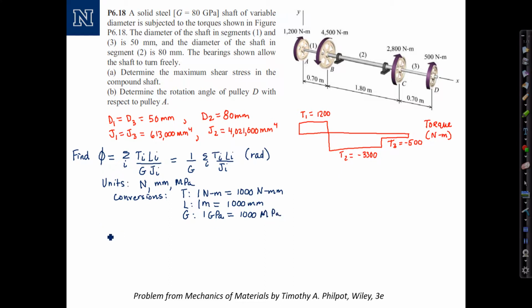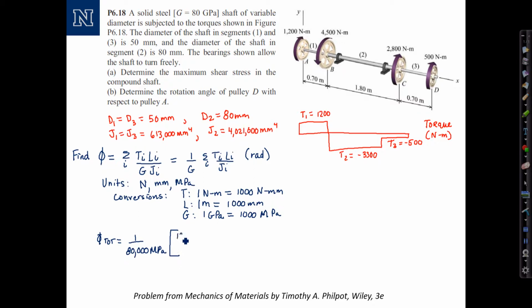Okay, so let's go ahead and plug in the numbers that we need. The total rotation angle is equal to 1 over G, G being 80 gigapascals or 80,000 megapascals, times T1 L1 over J1.